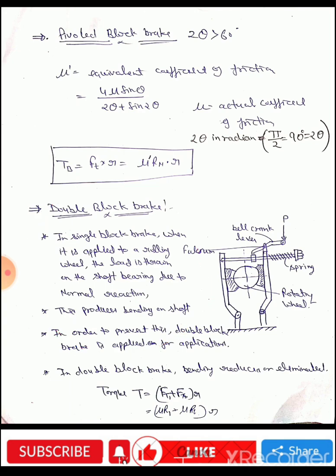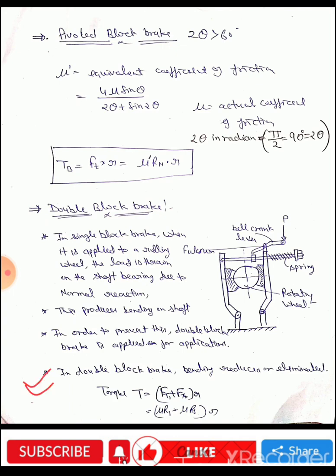Now the third point, this is very important. In order to prevent this bending, double block brake is applied for applications. To avoid the bending, double block brake is used. In double block brake, bending reduces or is eliminated.